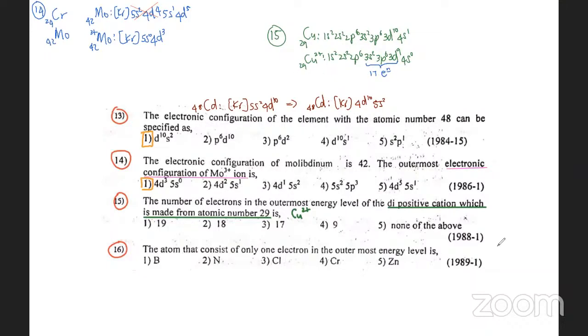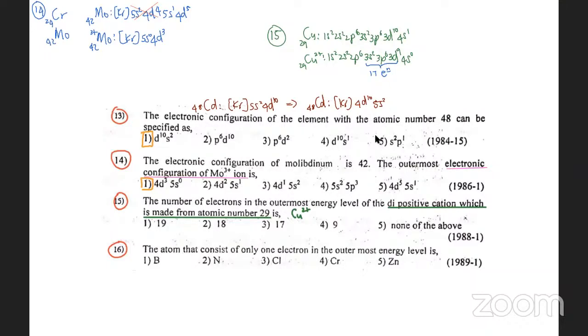Who has the scheme for these questions? Zainab, you have the scheme. Check what answer they have given for the 15th question. I think it should be 17. Or else should it be 0?